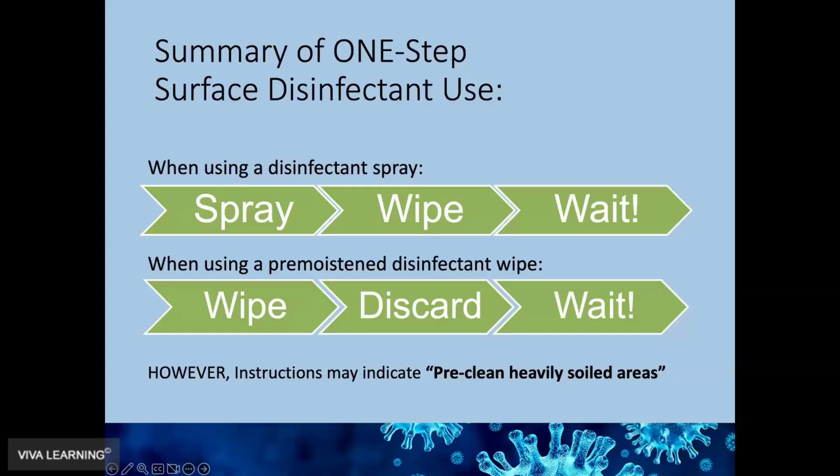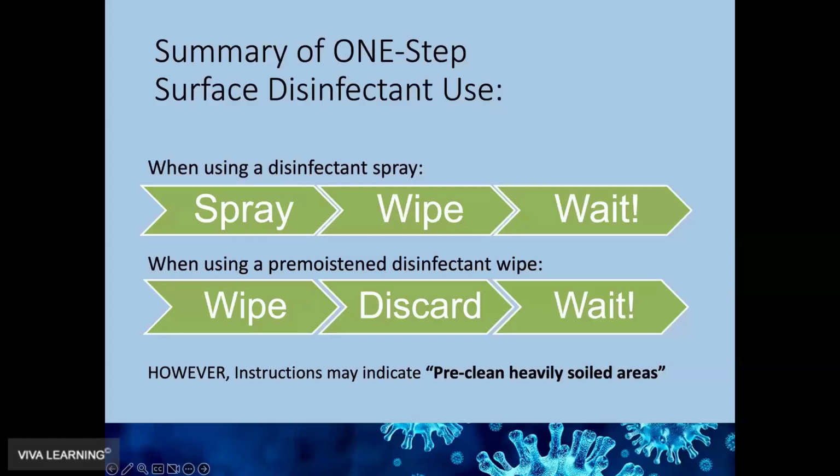However, if you're using a one-step product and your surface is heavily soiled or has visible debris or bioburden on it, your instructions for use may say to pre-clean heavily soiled areas. In that scenario, you would go back to the previous slide and make it a two-step product: spray, wipe, spray, wait, or wipe, discard, wipe, wait, as if you were using a two-step product.